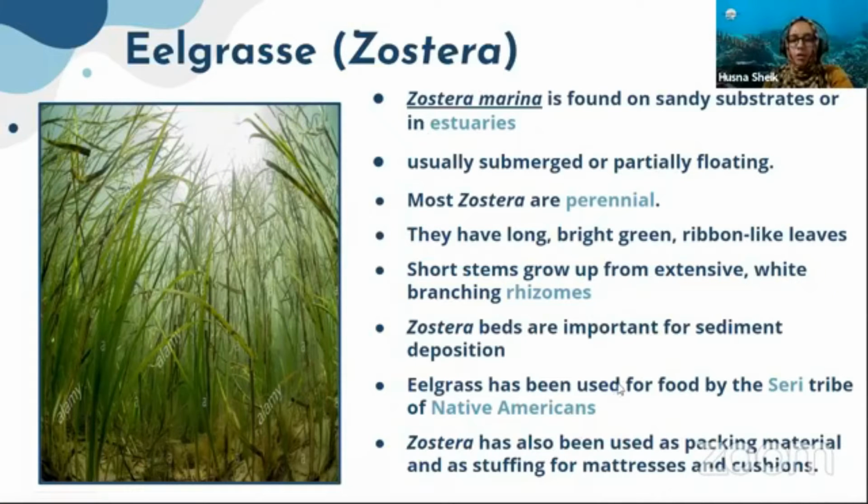The Seri tribe of Native Americans used this eelgrass as one of their food sources. This eelgrass has also been used as a packing material and as stuffing material for mattresses and cushions. So this is all about eelgrass.